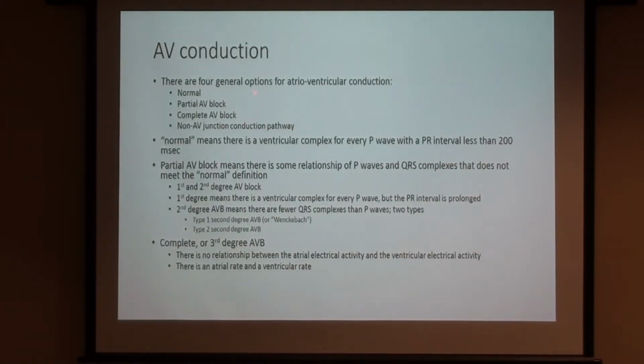All right, so AV conduction. Much like atrial rhythms, AV conduction has a few options. Not 100 options, 4. It's either normal, partial, or complete AV block. Normal, partial block, or complete AV block. And there can be non-AV junction conduction pathways. That means that there's an accessory pathway, which can also be referred to as a bypass tract.